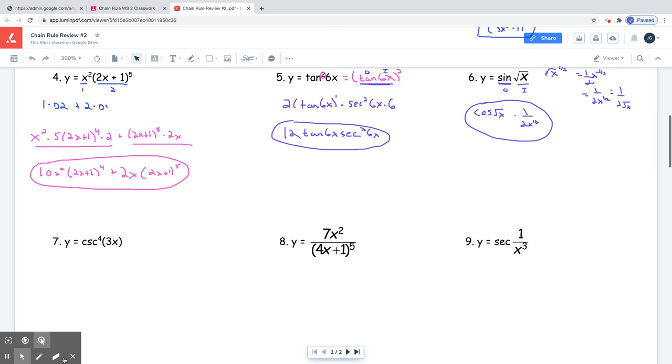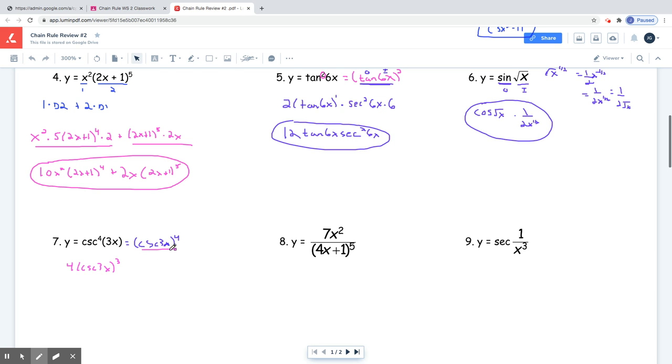So number 7 is very similar to number 5. You have to realize that this means cosecant of 3x to the 4th power. So this is going to be another double chain. Whenever you have an example like this, it's always double chain rule. So we do the power rule: derivative of the outside, keep the inside the same, cosecant 3x, the 4th becomes cubed.